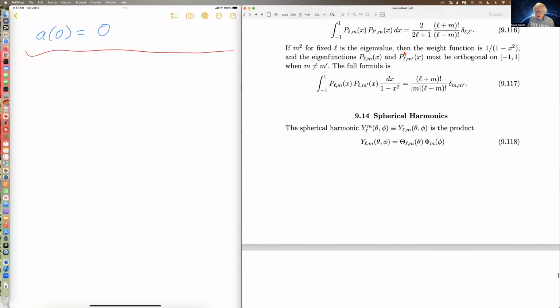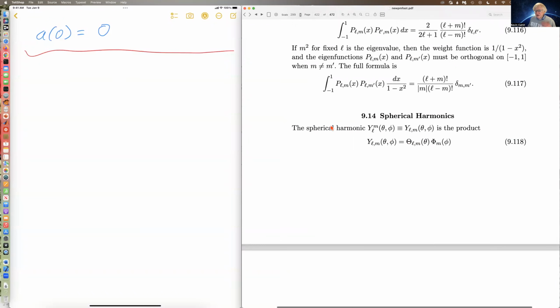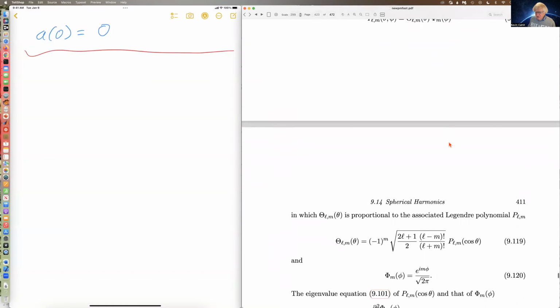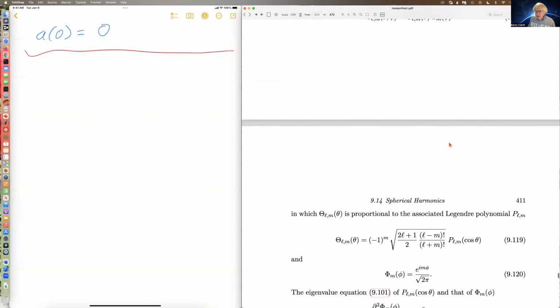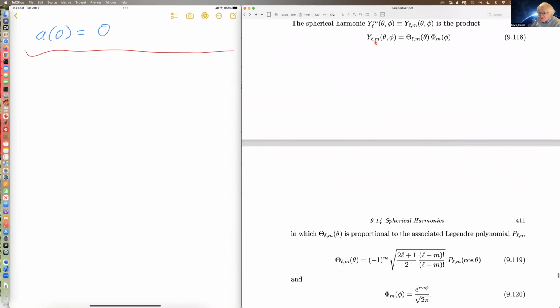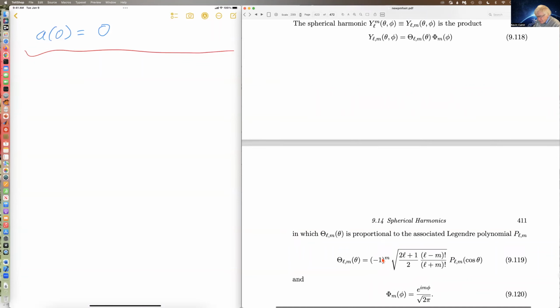And these associated Legendre functions are used to define the spherical harmonics when they're combined with e to the im phi, which is capital Phi of m. So in other words, the spherical harmonic is proportional to the associated Legendre function P_L^m of cosine theta. So we introduce a -1 to the m and a big square root. And then Phi is e to the im phi divided by square root of 2 pi.